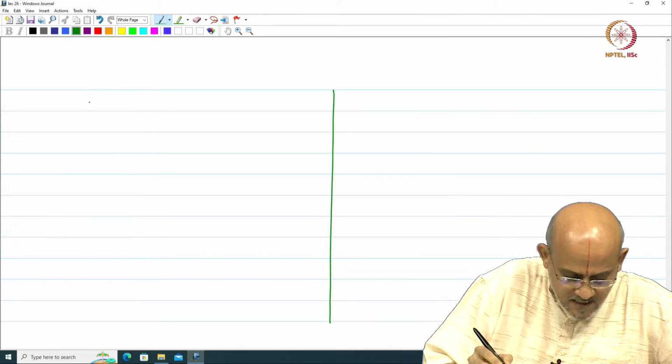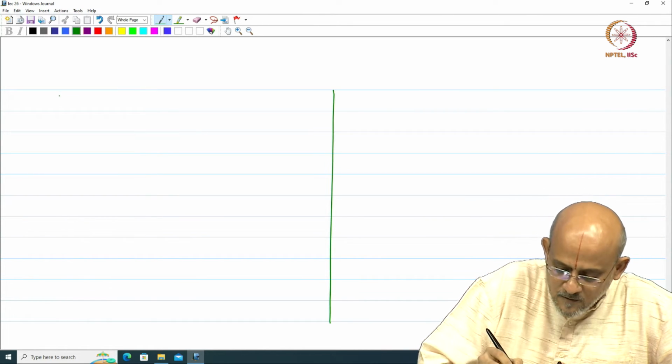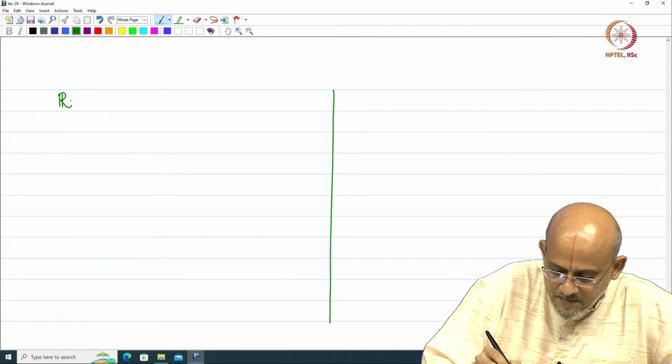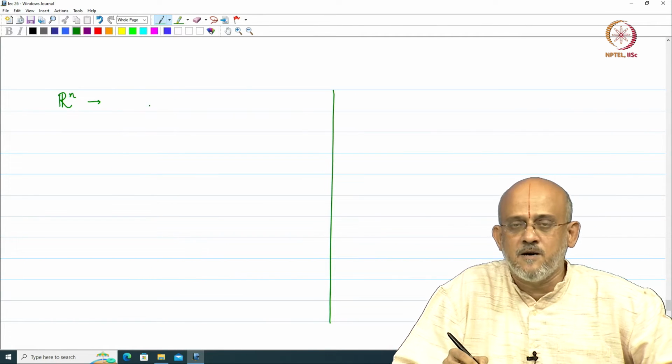Let us assume we are always going to have this in mind: I am going to look at Rn, which means every vector here is an n component vector.